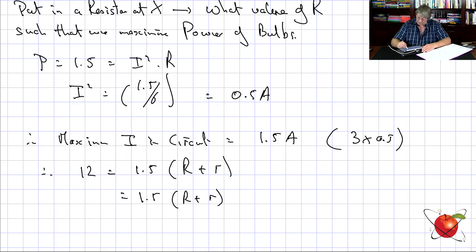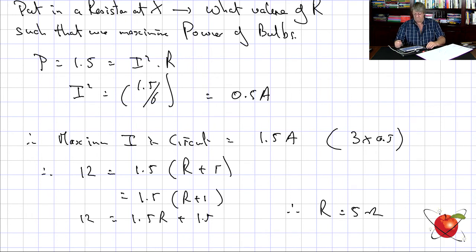R is 1. Sorry, my bad there. Let me just delete you. No, it's the eraser I'm looking for. R plus 1. So 12 is going to be equal to 1.5 R plus 1.5. Therefore, we come out with R for the circuit as 5 ohms.